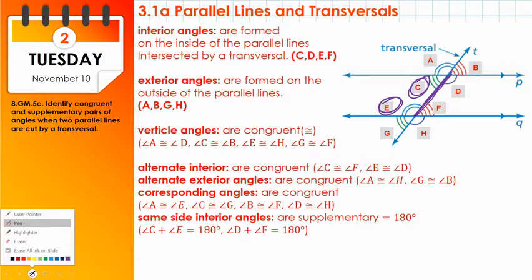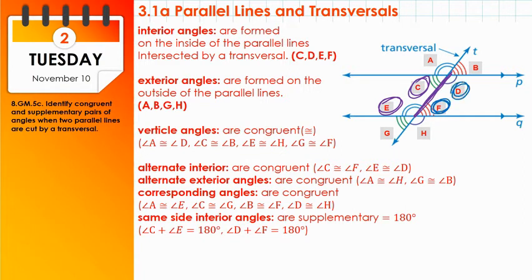So if C and E are supplementary, that means that angle F and angle D, which are the other pair of same side interior angles, are as well. When I add C plus E, I'll get 180. When I add F and D, I'll end up with 180 degrees.